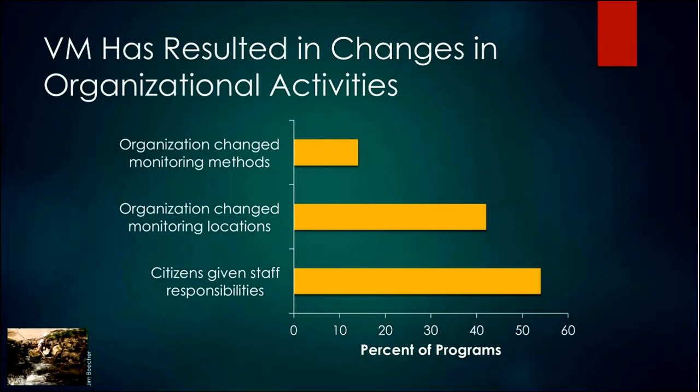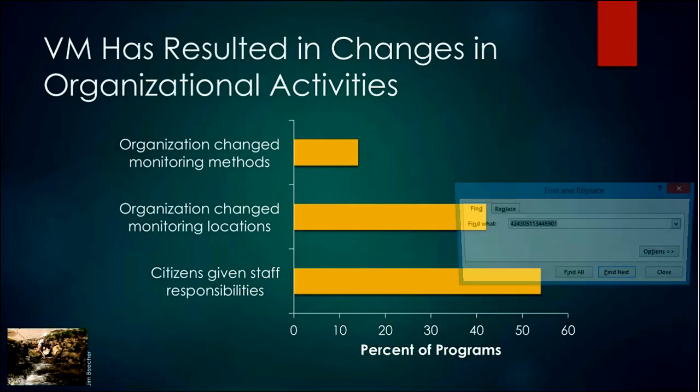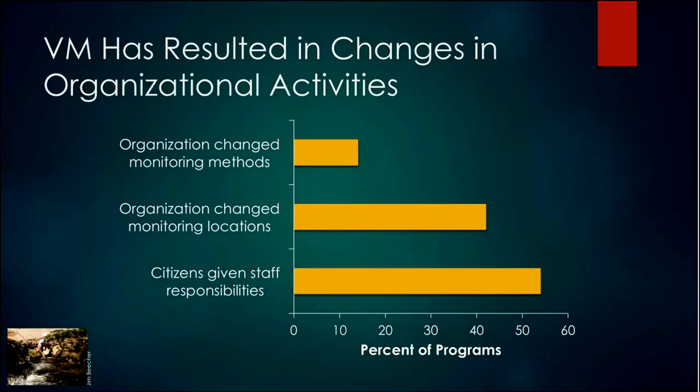And then the last category is where volunteer monitoring has resulted in changes for organizational activities. So the most often reported outcome here is that citizens were given staff responsibilities. So about 55% of programs, where, for instance, in the program I used to coordinate, the volunteers for our stream monitoring program in Wisconsin were given, if we could find volunteers from our program who were trained and willing, all of the phosphorus samples collected in the state of Wisconsin in streams were collected by volunteers to free up time of the biologists.